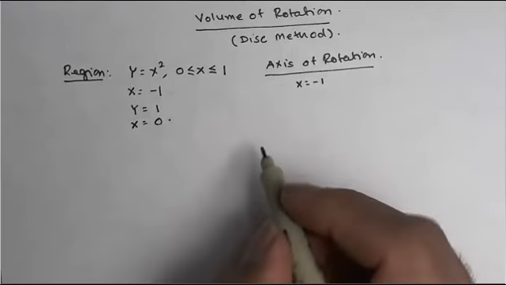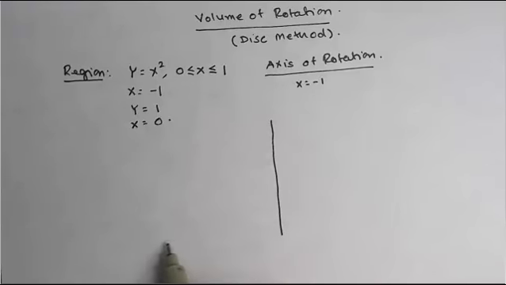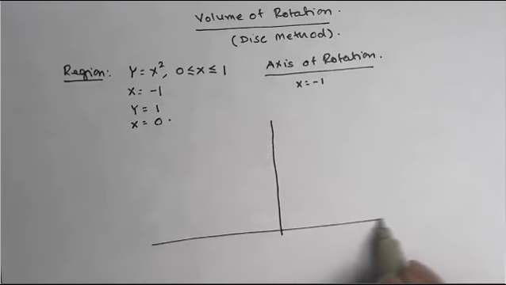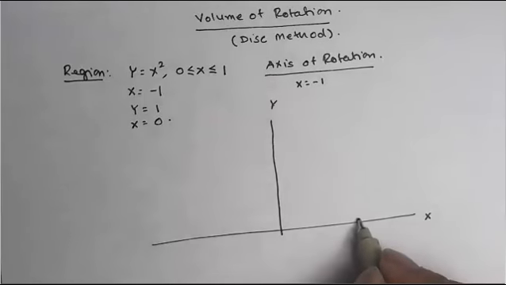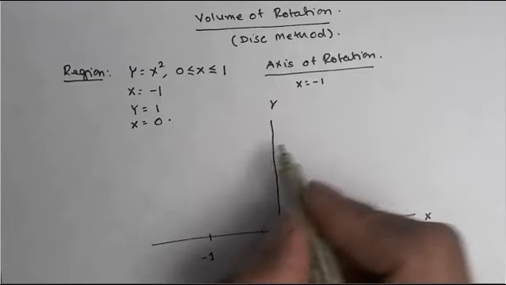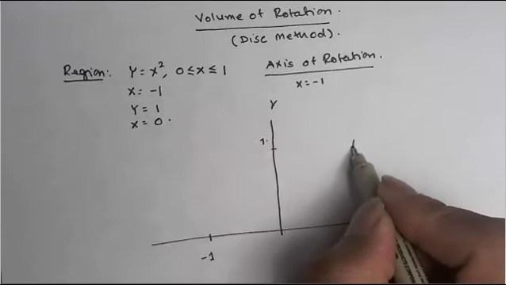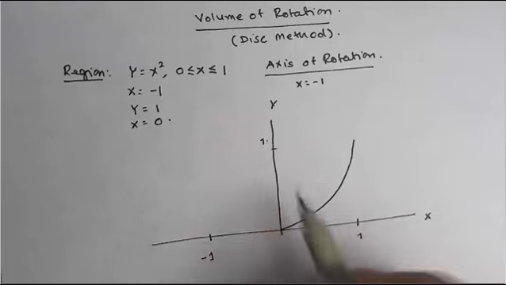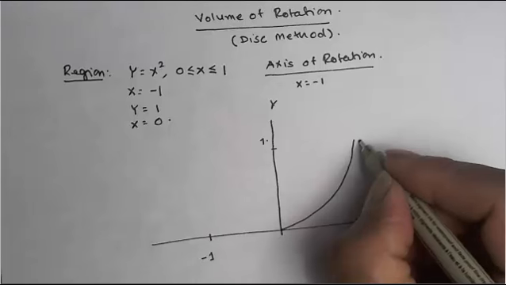Okay, let's see what the region looks like. So here's the y-axis, here's the x-axis. This is x equal to 1. I would say here is x equal to minus 1. This is y equal to 1. This is the graph of that piece.